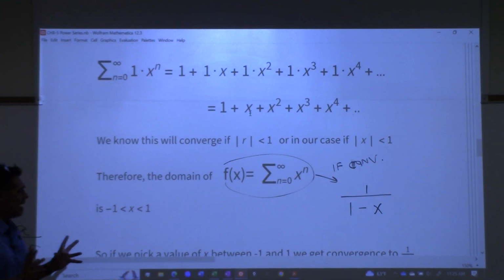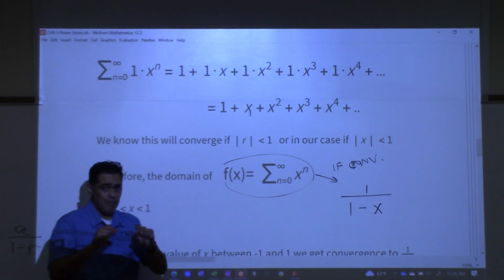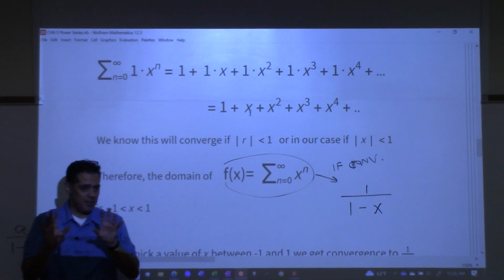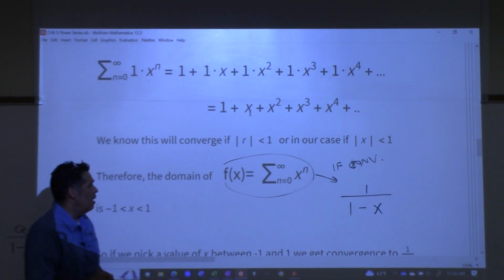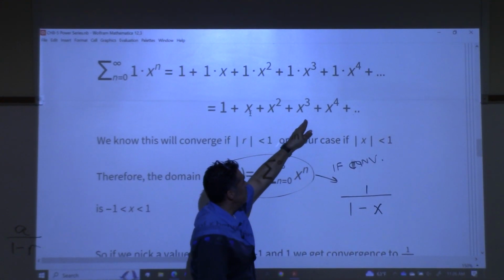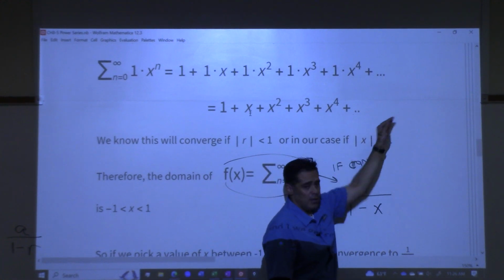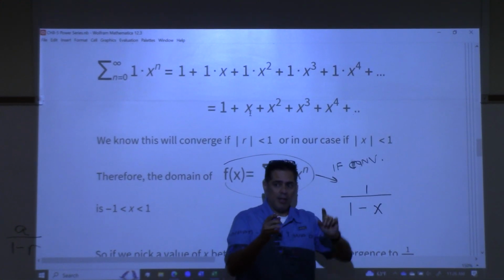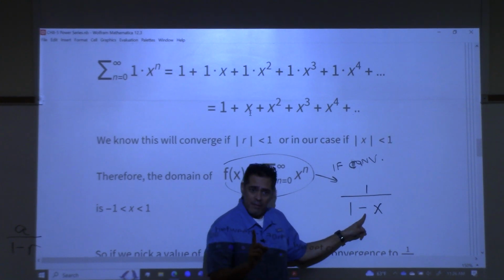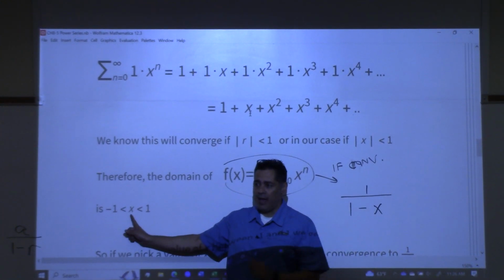So let me recap again, because there's a big takeaway that I'm about to state. It's going to be subtle, but it's so important. What we're saying is this: that 1 plus x plus x squared plus x cubed plus x to the fourth forever, all of that written out forever, is equal to that if the absolute value of x is less than 1.